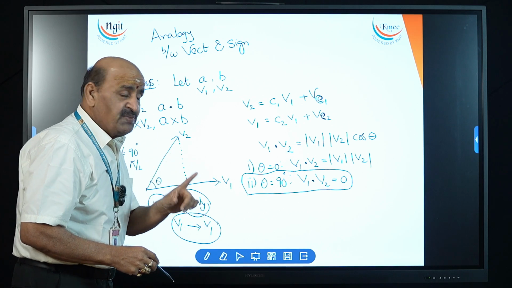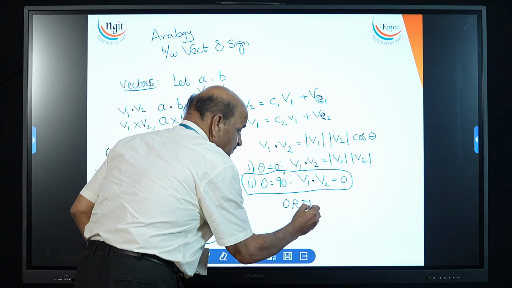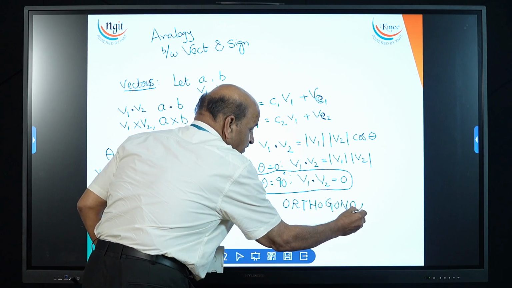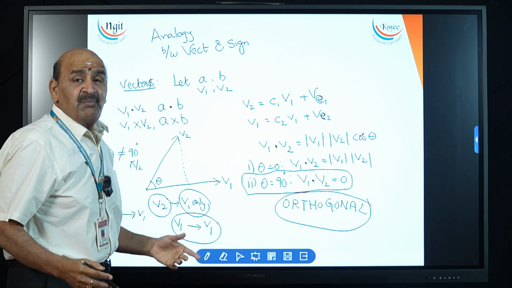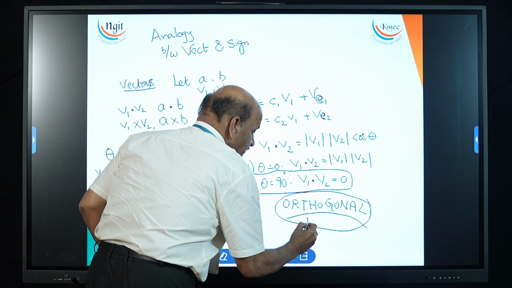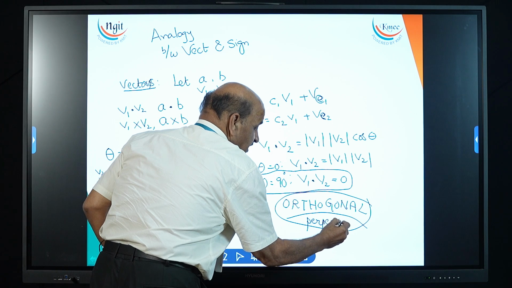We use one specific word, that word is called orthogonal. So these two vectors are said to be orthogonal. Orthogonal means perpendicular to each other.